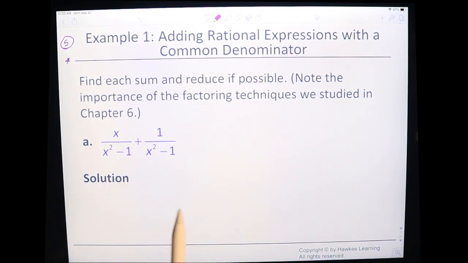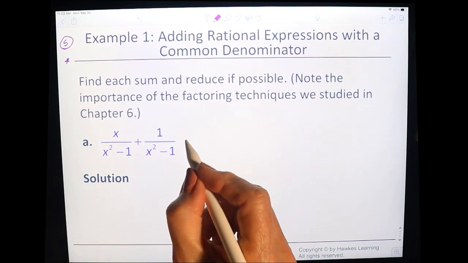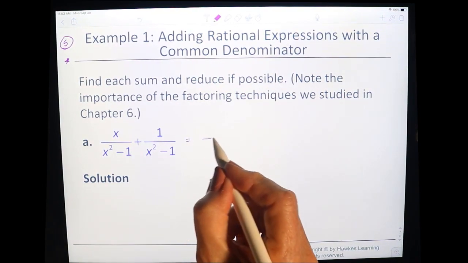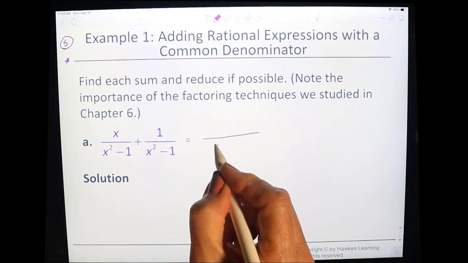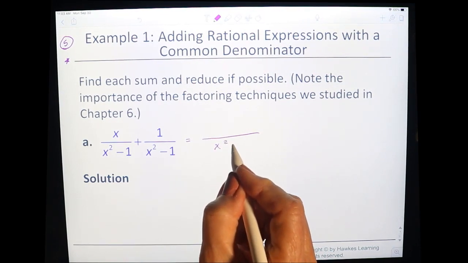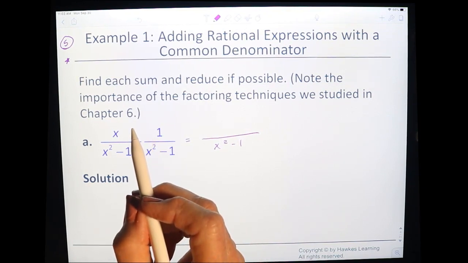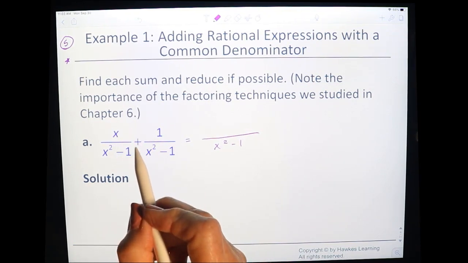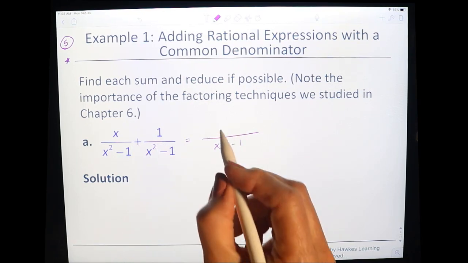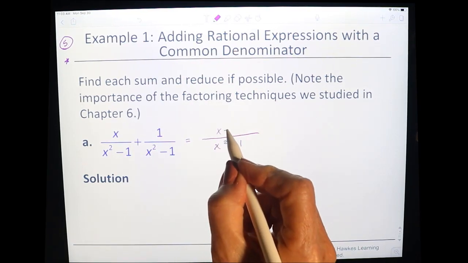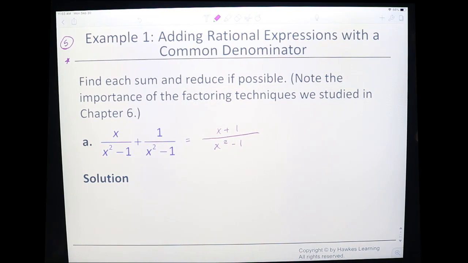So as long as they are already matching denominators, what we're going to do is put down that single common denominator. So there's the matching common denominator, x squared minus 1. And then we're going to pick up these pieces across the top, the numerator x added to the numerator 1.